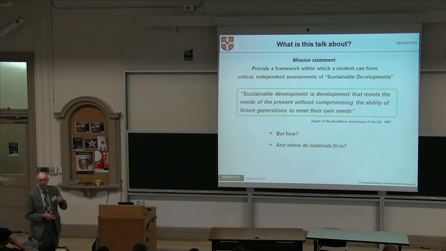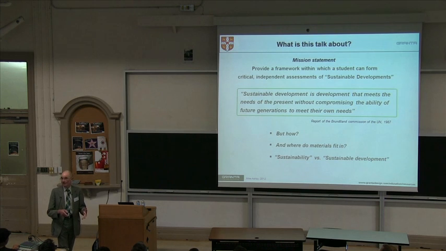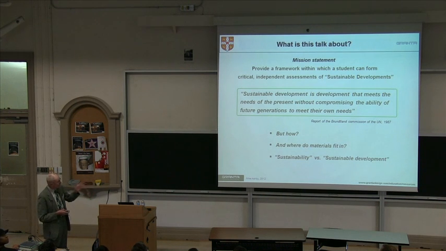Now, I'm going to draw a distinction before I go on between sustainable or sustainability and sustainable development. Something that's sustainable will last. Something which is not sustainable won't. So it's an absolute term. Sustainable development is a relative term. Sustainable development is a development which moves us from something which is slightly less sustainable to something which we believe at the time is slightly more sustainable.